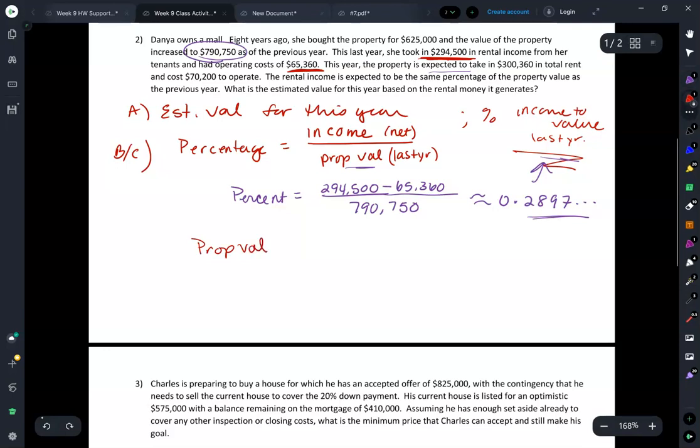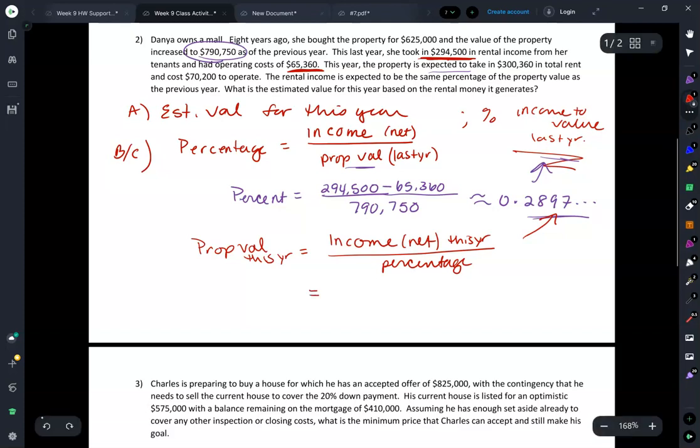Property value for this year is equal to the net income for this year divided by the percentage that we found here. Okay.